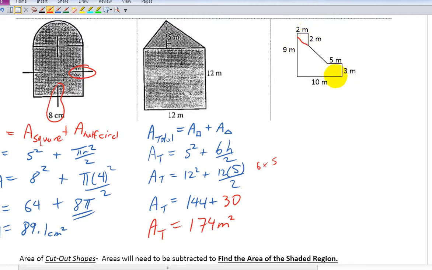So I don't know if that one would work perfectly. You'd have to check that out. What else is there? Well, that's probably the best one. And then you can divide it into 2 rectangles like this or 2 rectangles like that, your choice.